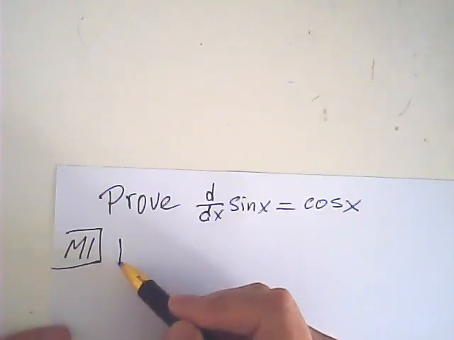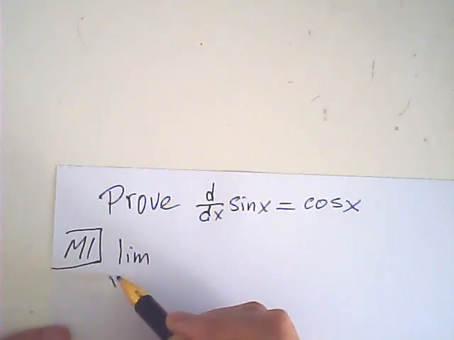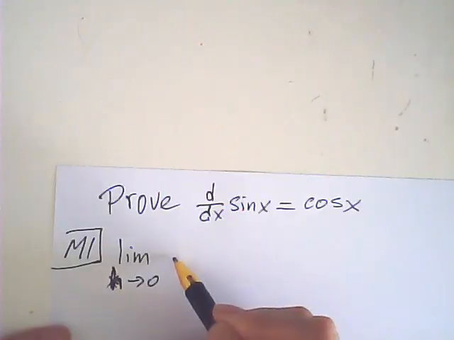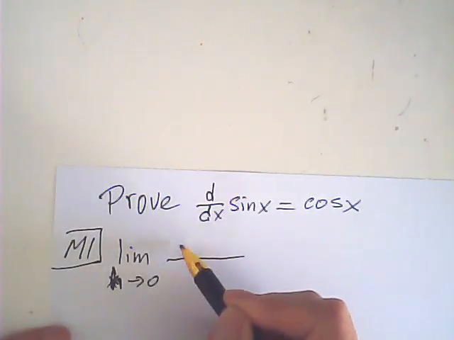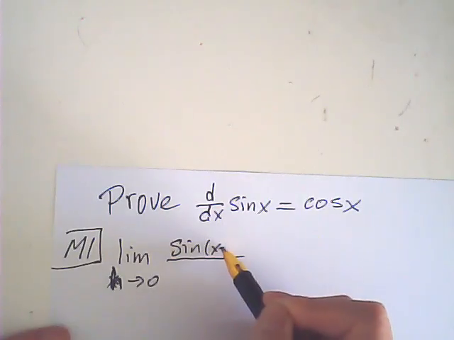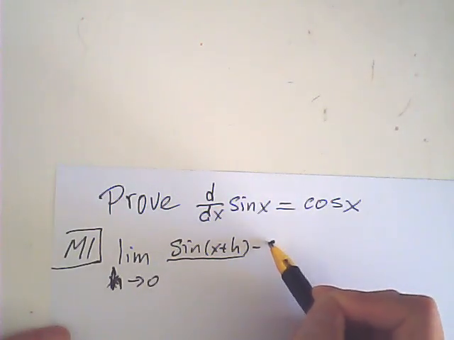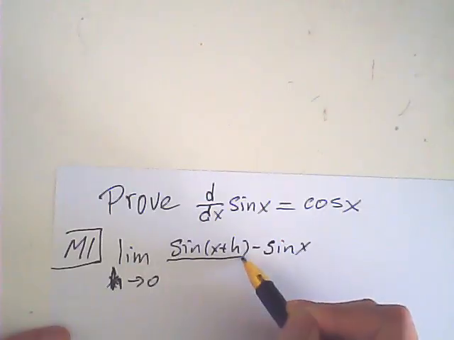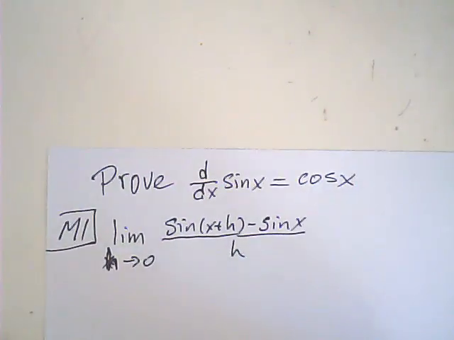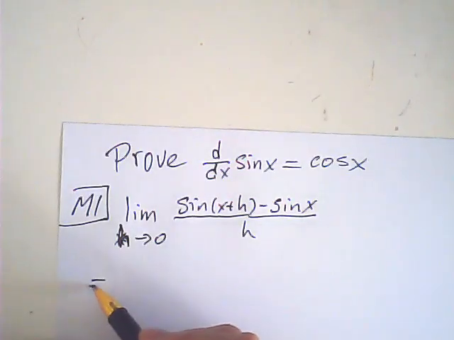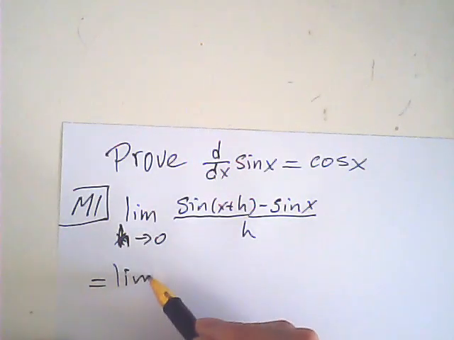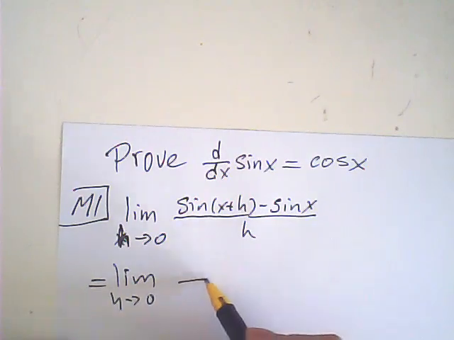learn from the calculus in their classroom. The limit as h goes to 0 of sine x plus h minus sine x over h, right? Then use the formula for sine.